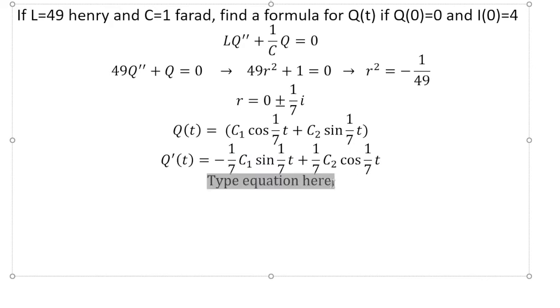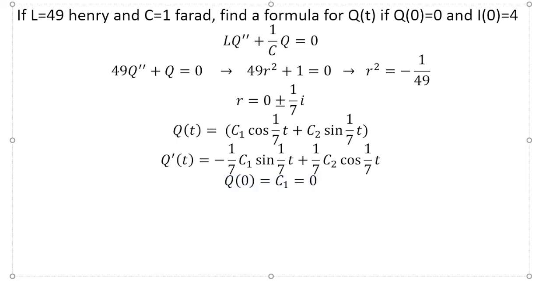So first of all, Q of 0 is equal to 0, but according to this formula here, if you plug in 0, cosine 0 is 1, whereas sine of 0 is 0, so you just get c1. And therefore c1 has to be 0. Okay?